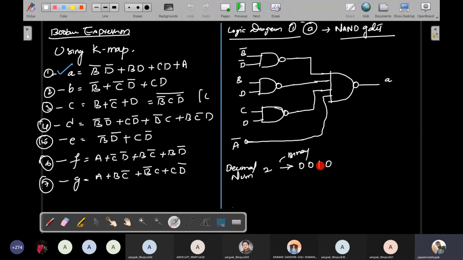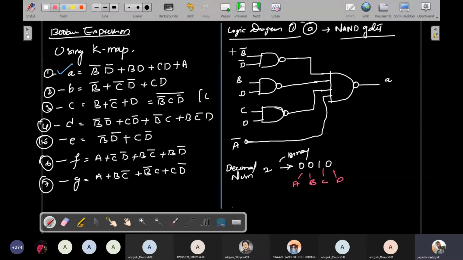Okay, so right now I am applying this binary digit to these terminals. For that purpose I use a pink color. See, first this is the A value, B value, C value and D value.